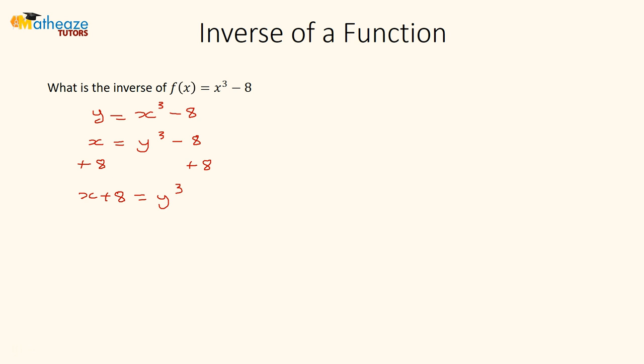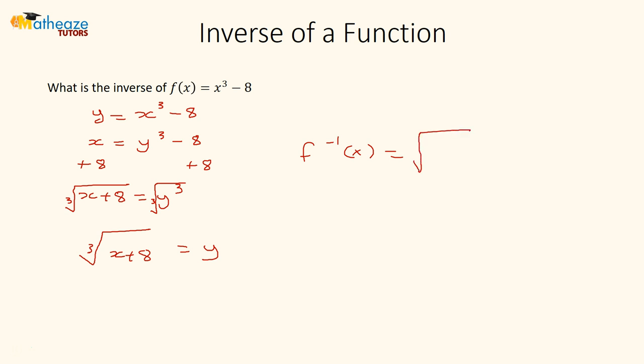And now we want to find the value of y. So we find the third root of both sides. So we now have the third root of x plus 8 is equal to y. So f inverse of x is the third root of x plus 8.